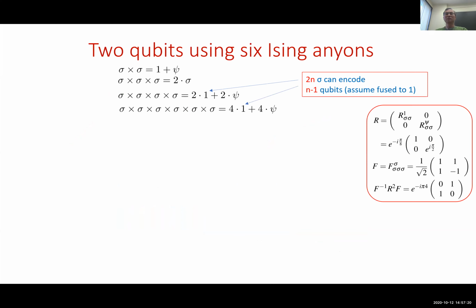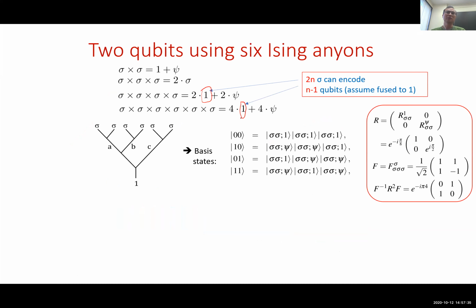Okay, so we mentioned that we like to encode qubits using the configuration that they all fuse to identity in the end. So if we have 6 anyons, we have possible encoding of 2 qubits. So we talk about this as 1 qubit, but more practically, we might want to use this as a 1 qubit encoding.